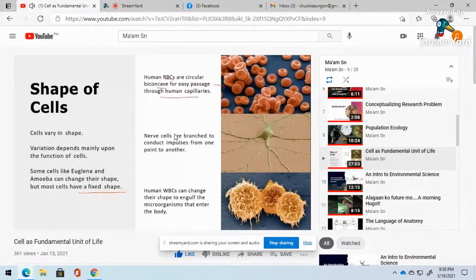This one is the nerve cell, or the nerve cells are branched to conduct impulses from one point to another. Now the other one, the human WBC or the white blood cells, can change their shape to engulf the microorganisms that enter the body.